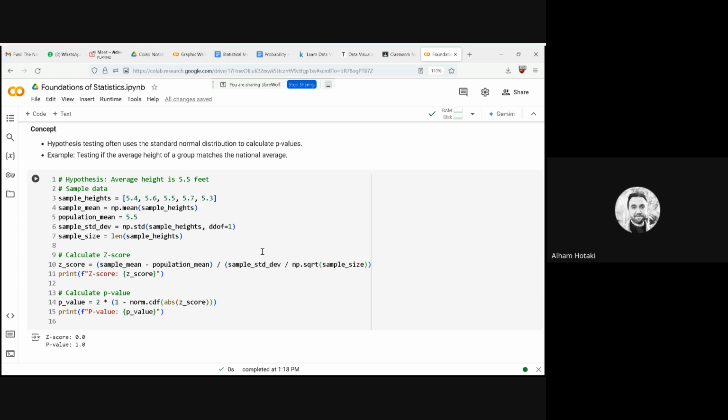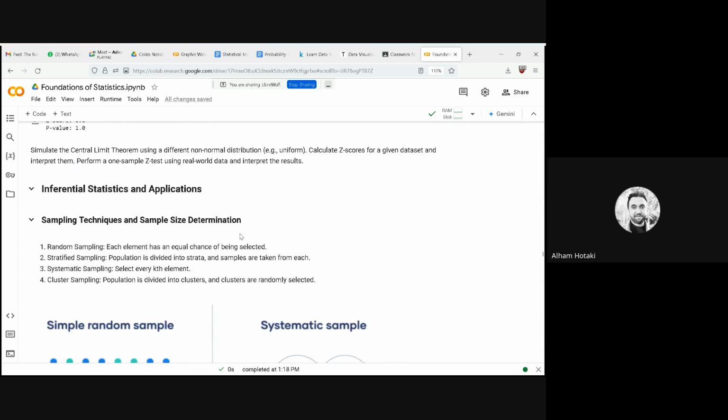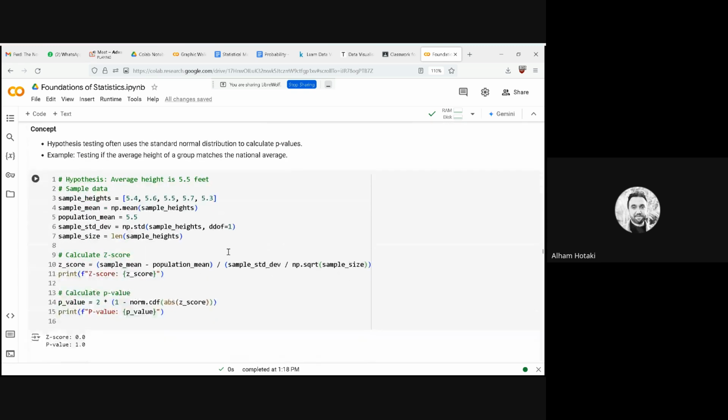Now let's come into hypothesis testing and understand what hypothesis testing actually is here. Hypothesis testing often uses the standard normal distribution to calculate p-values. An example is testing if the average height of a group matches the national average.